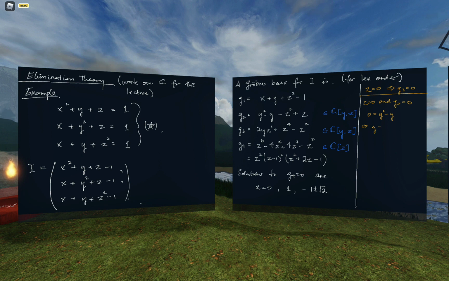So this implies y equals 0 or 1. And once you have y equals 0 or 1, you can figure out what x is from G1, right? You guys can figure this out, so I'm going to skip that last calculation.